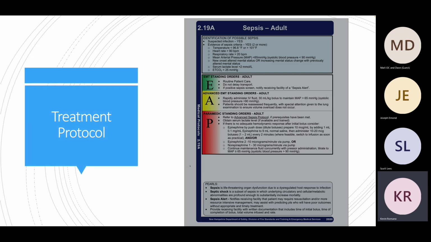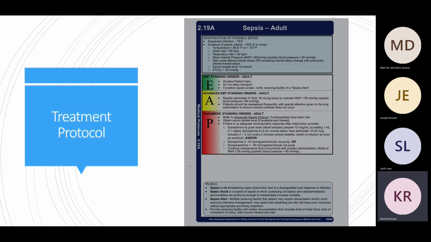At the paramedic level, we can do push dose epi by diluting. Boluses: prepare 10 mL, 10 mics per mL, adding 1 mL of 0.1 milligram per mL epinephrine to 9 mLs of normal saline. Administer 10 to 20 mic boluses, which is 1 to 2 mLs every 2 minutes, where feasible. Switch to infusion as soon as practical.